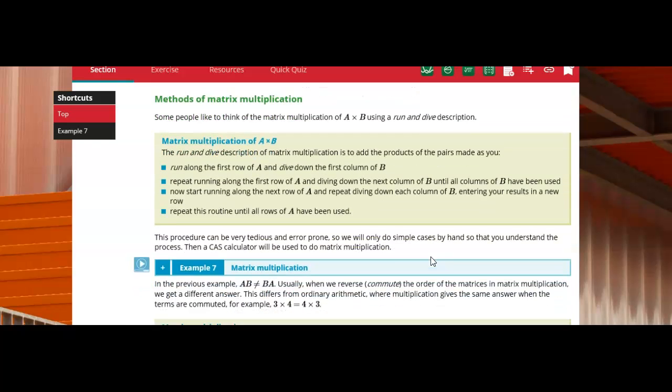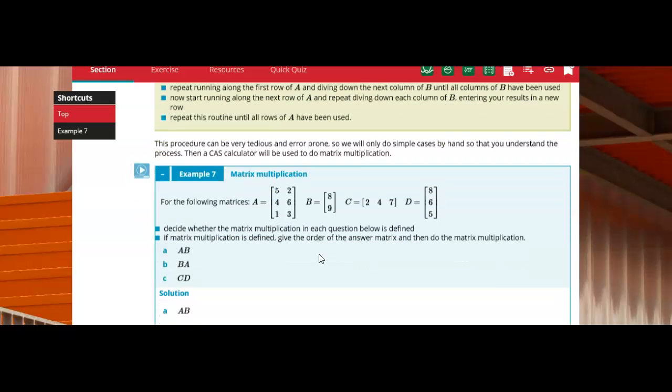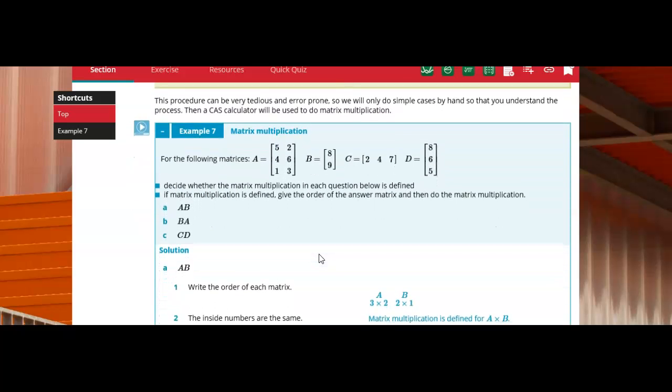Okay, so let's have a look at the textbook's examples, because I could create a video, but the textbook is going to probably do them a bit better. So I'm just going to expand this one here. We've got matrix A, matrix B, matrix C, and matrix D. So 4 matrices.